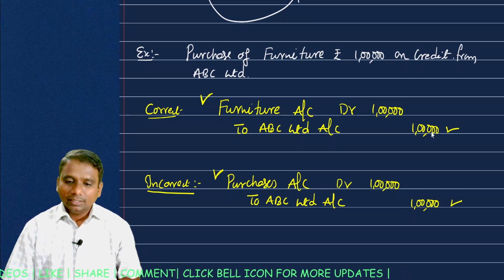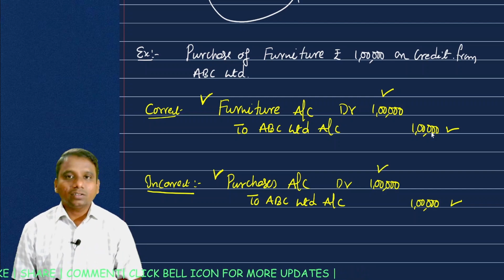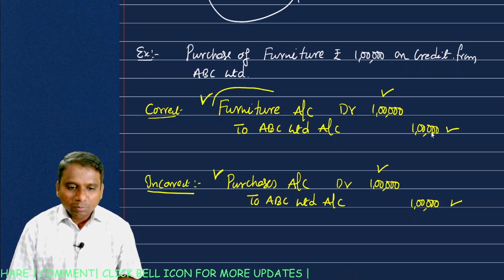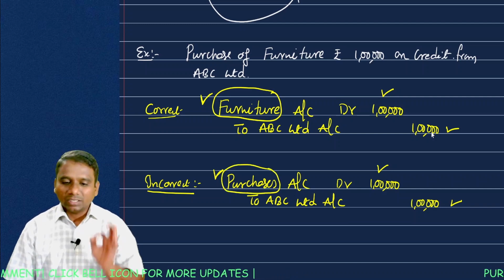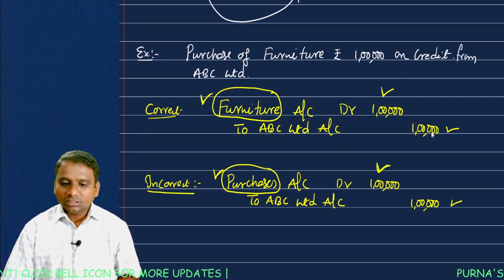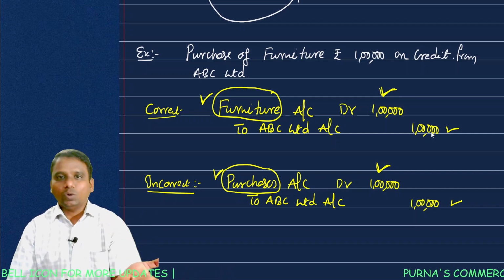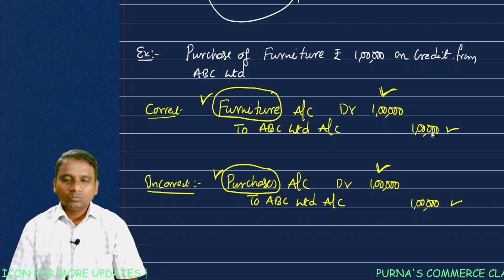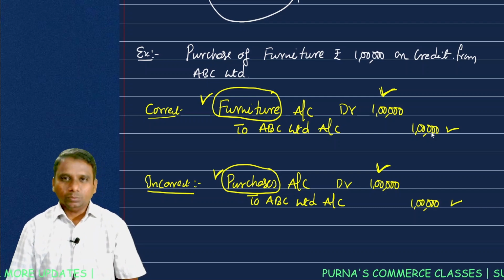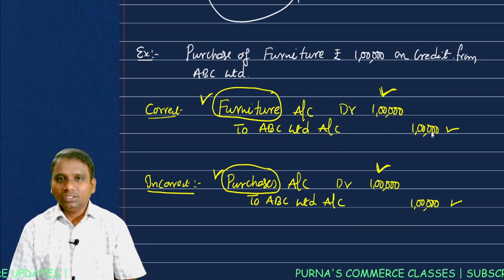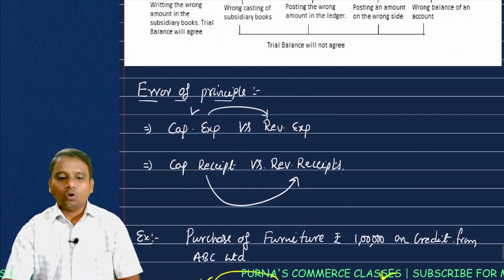Debit also, how much amount have we given? 1 lakh. But instead of debiting furniture account, you debited purchase account. The amount is correct, so automatically your trial balance shows debit 1 lakh, credit 1 lakh. There is no difference in the trial balance. So because of this error of principle, there is no effect on our trial balance. I hope you understood this concept of error of principle.